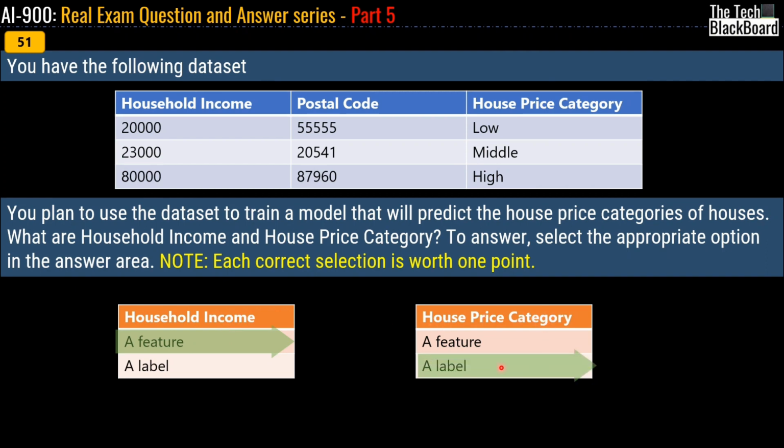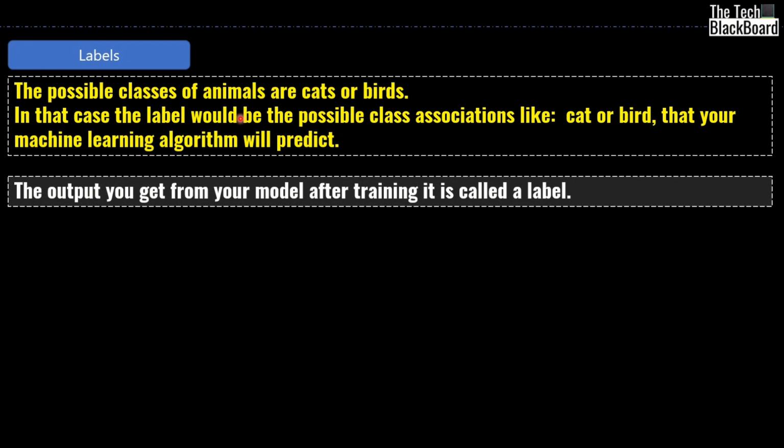Now let me give you a detailed explanation what is a feature and what is a label. So here you can see I have defined and given you an example how you can recognize the label. So label is essentially the possible class. So let's understand the difference between labels and feature using an example. So you can say the possible classes of animals can be cats or birds. You can categorize animals on different factors.